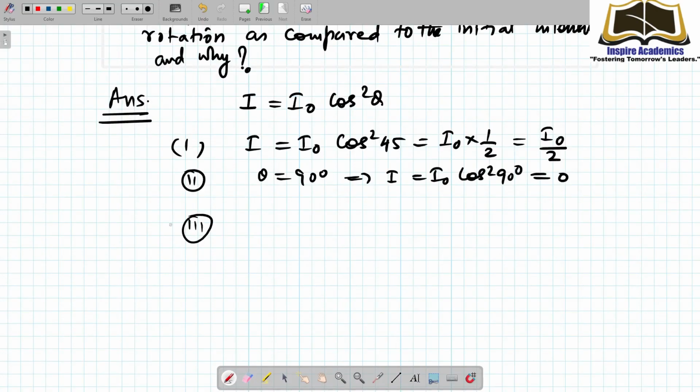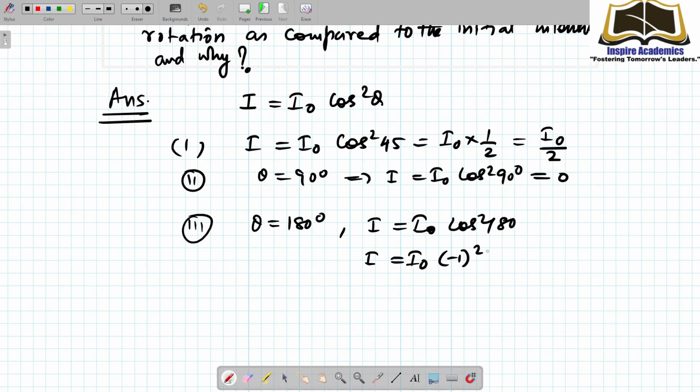And in the third case, when theta is 180 degree, I would become I naught cos square 180, so I would be I naught into minus 1 whole square, which is I naught itself. Okay? So this is our outcome, this is the answer.